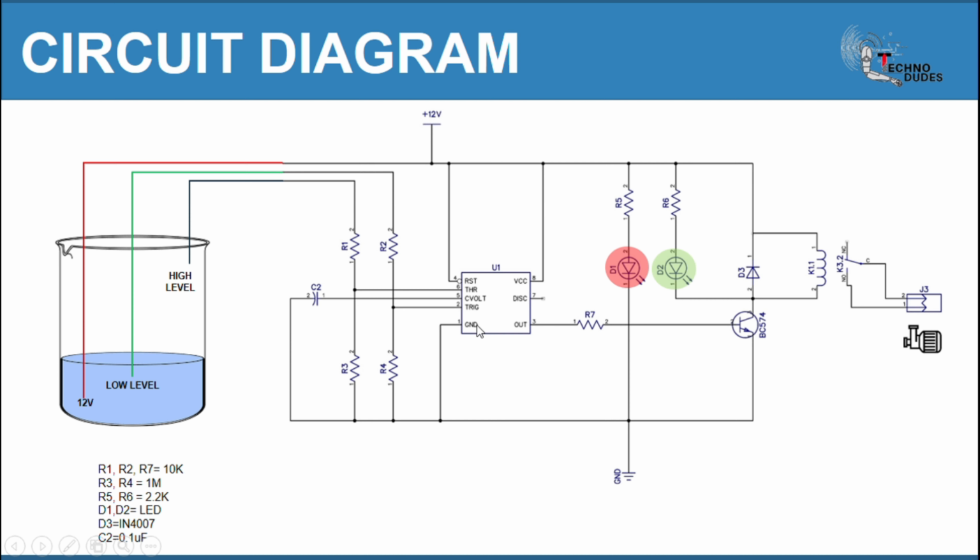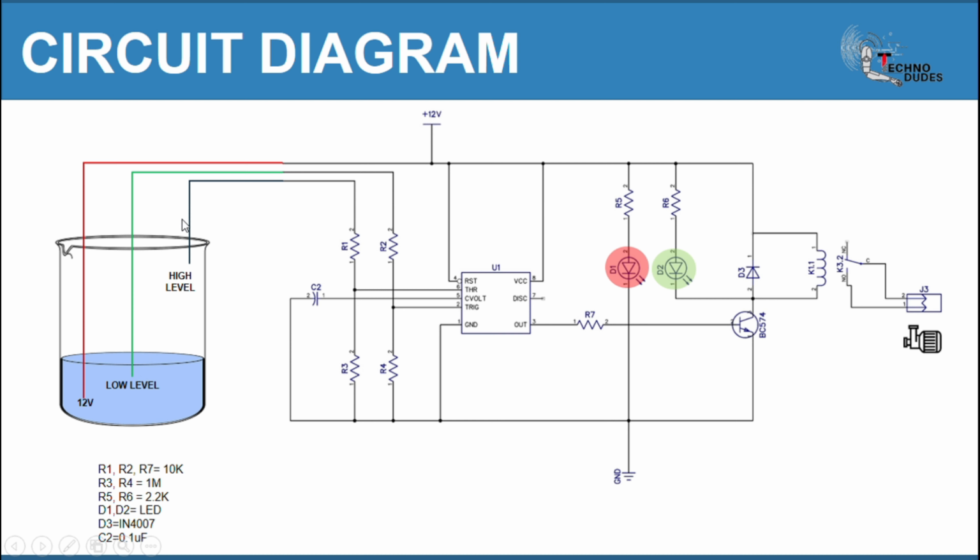The main role of this 555 timer is played by pin number 2 and pin number 6, meaning trigger and threshold. According to the voltage at these pins, the 555 timer output becomes 0 or 1. Now we have used this 12 volt power supply directly with this wire, and we have put this wire into the tank, and we have marked two levels, high level and low level.